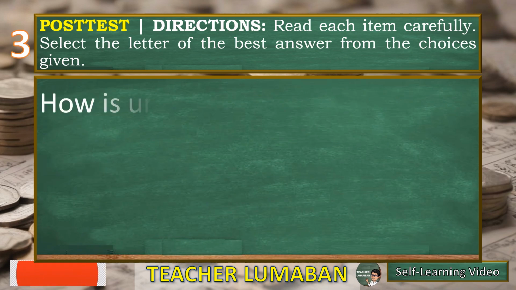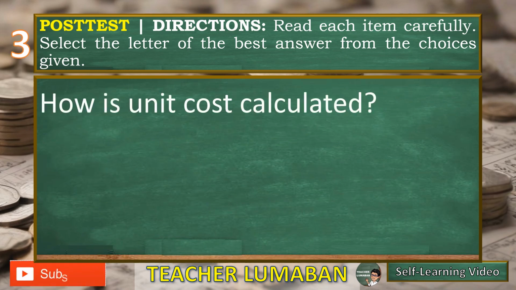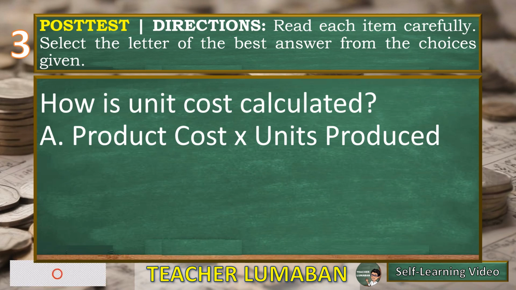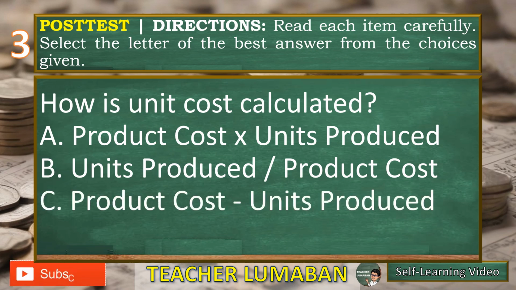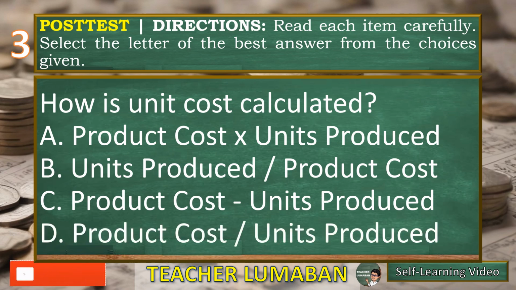How is unit cost calculated? A. Product cost x units produced. B. Units produced / product cost. C. Product cost, units produced. D. Product cost / units produced.